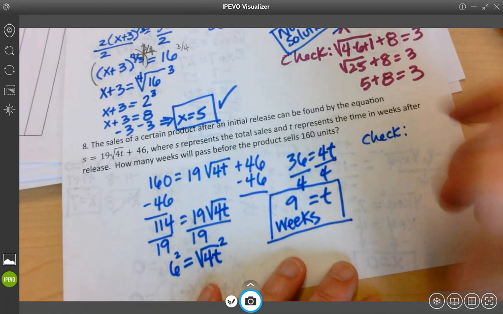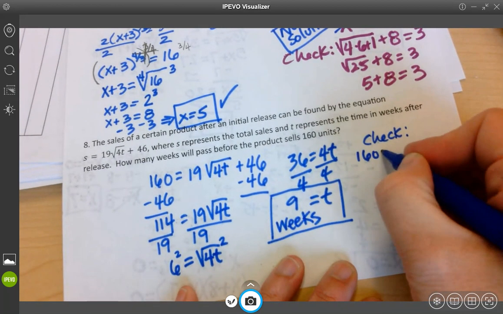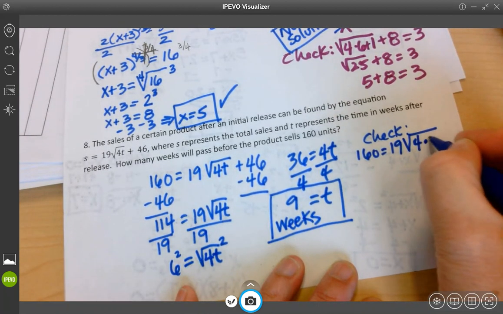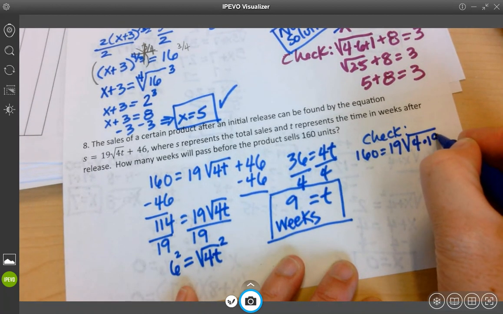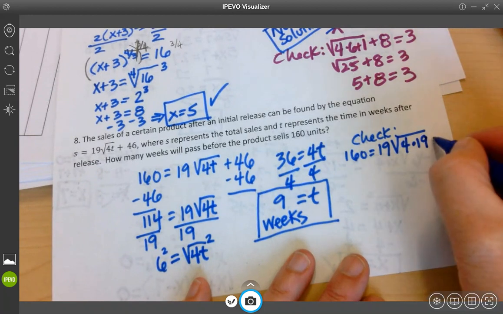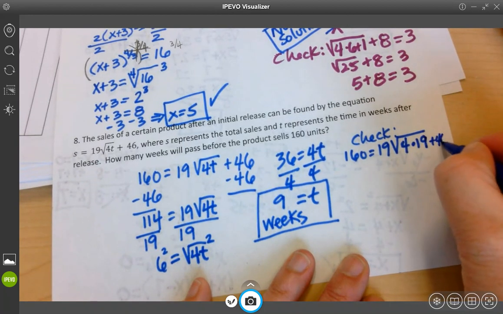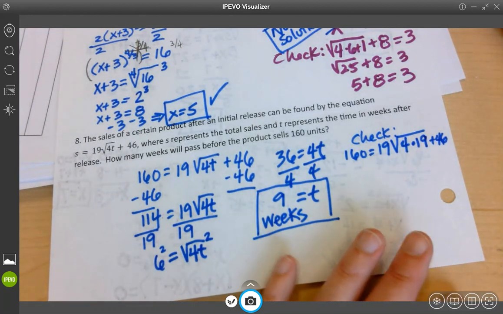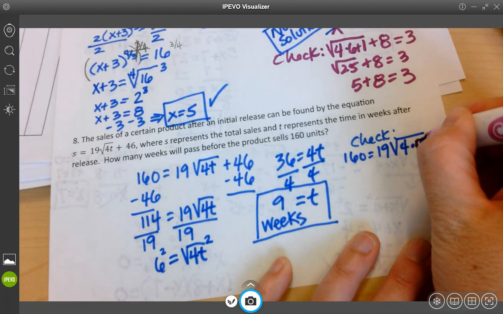And I'll check it. Is that right? I feel like there's no square root of 4 times 19. So oh, 9 is 9. That's my bad. I was like, what am I doing wrong here? 4 times 9.